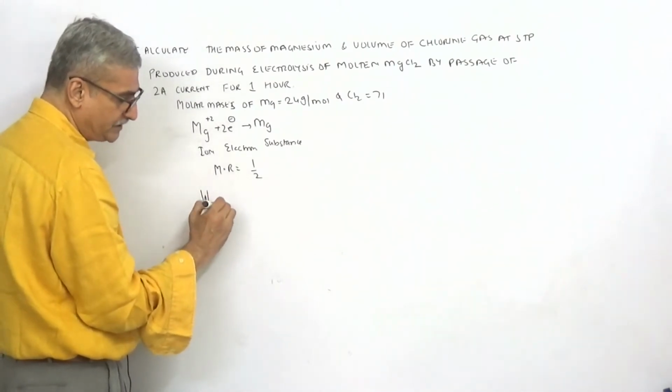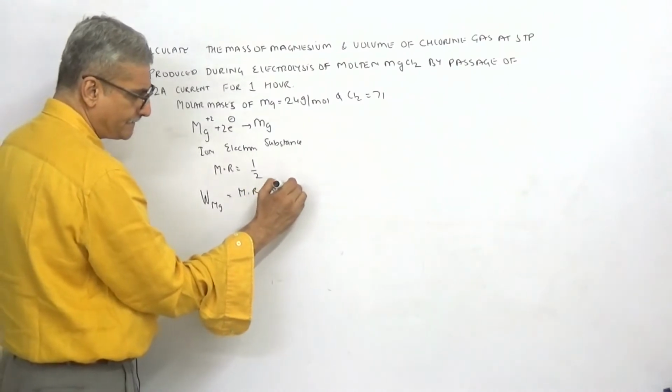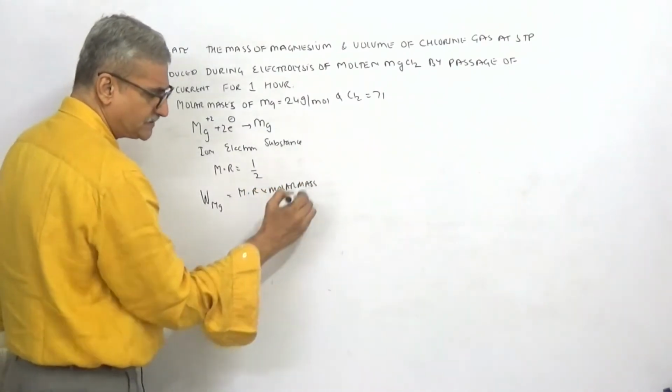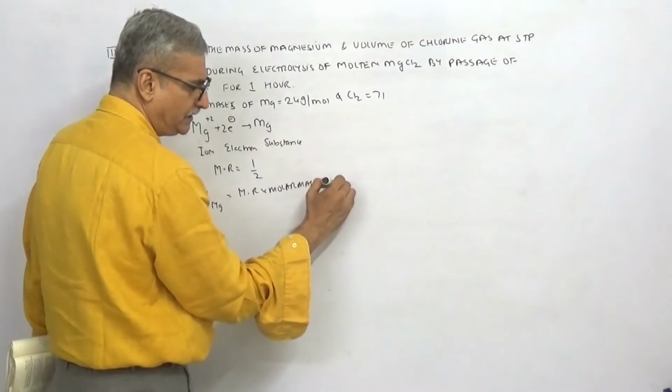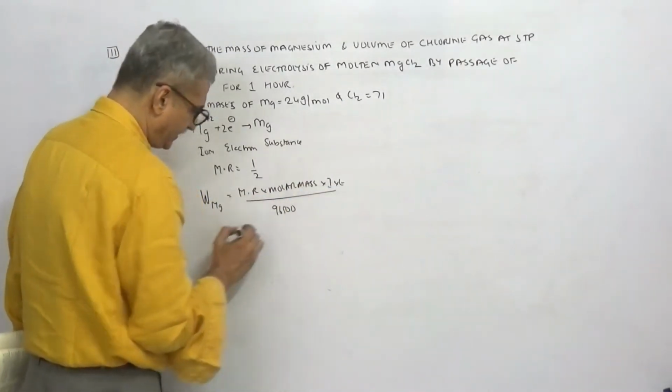So weight of magnesium will be mole ratio into molar mass into I into T upon 96,500.